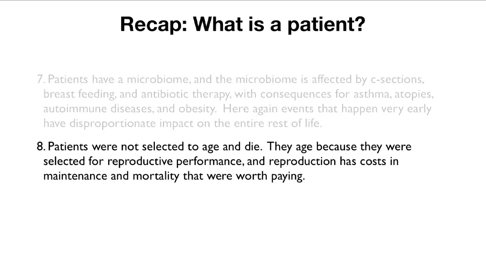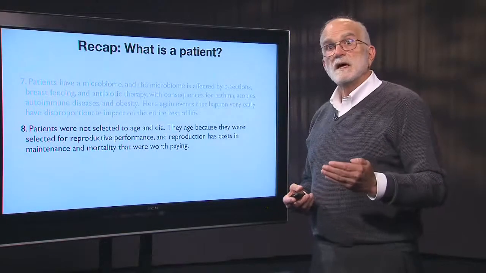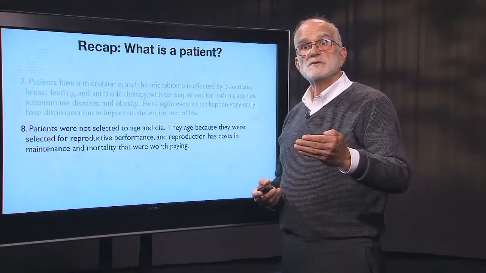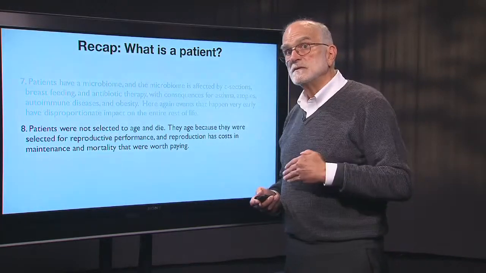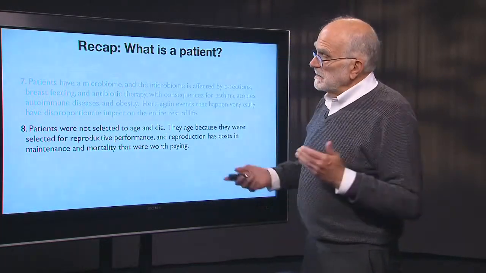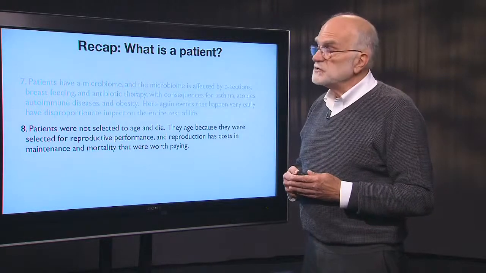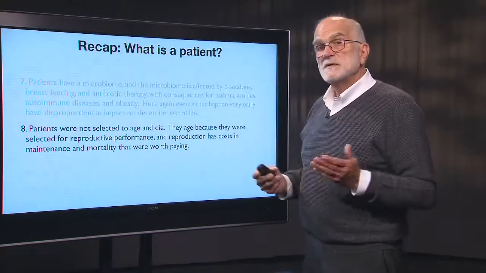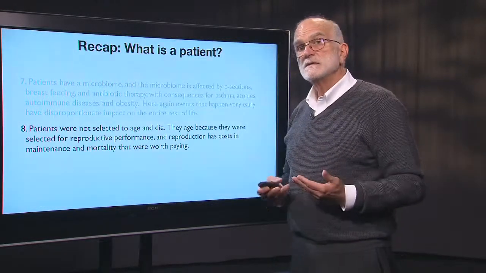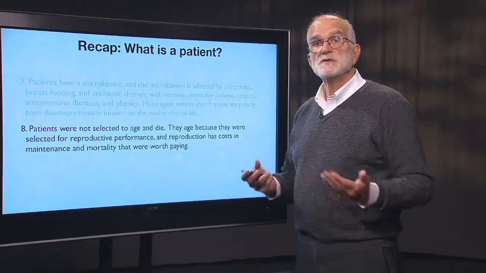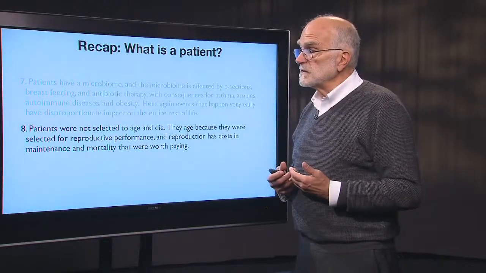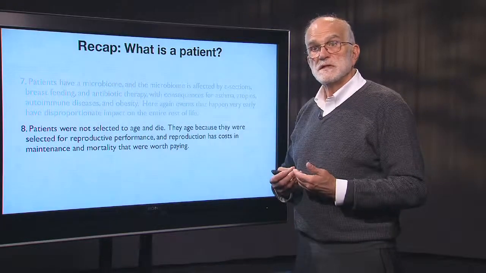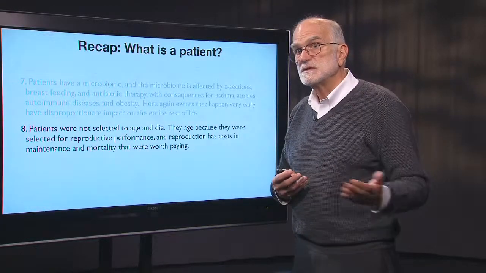And reproduction has costs in maintenance and in mortality that were worth paying, because people who reproduced better got more genes into the next generation, even if they died sooner. And this, the evolutionary theory of aging, is actually the explanation for why our bodies are so susceptible to degenerative disease, and why it is that we're not better protected against the insults and injuries that happen to us as we get older.